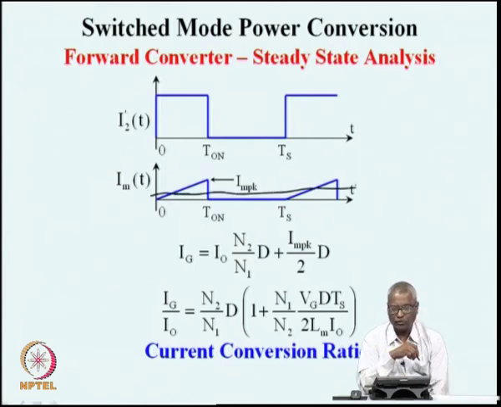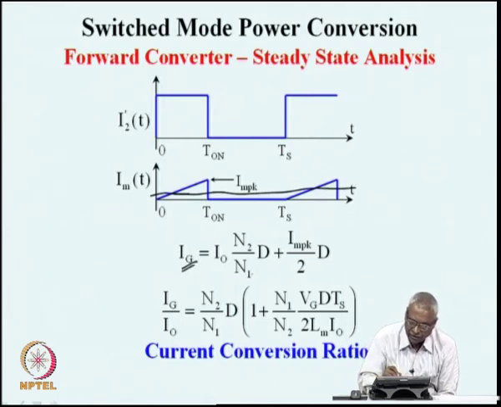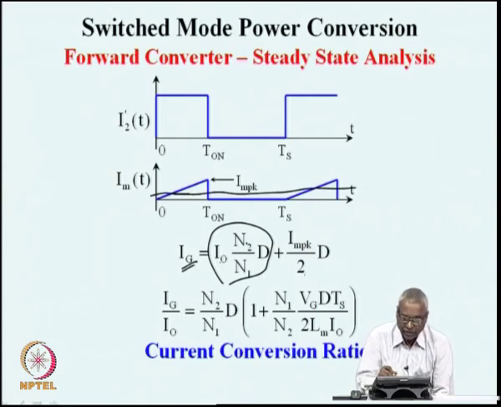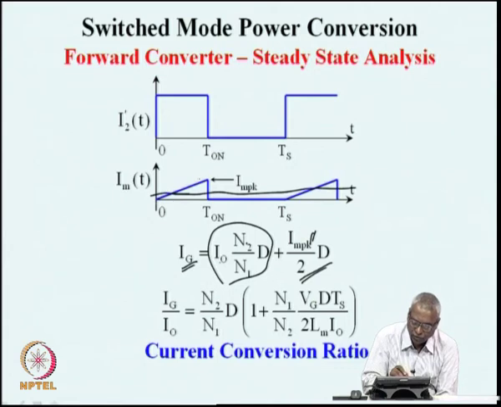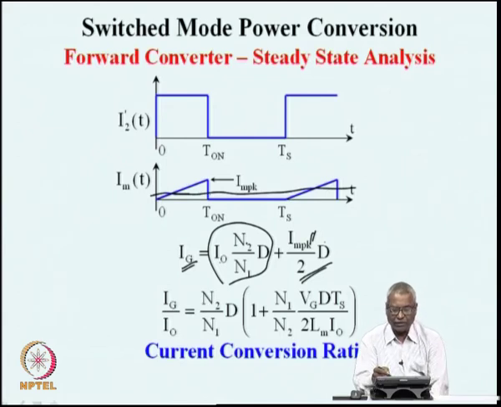In the current conversion ratio, because this is the additional current which is being drawn from the source to magnetize the transformer, the actual input average current is the load current reflected, I naught N2 by N1 into D, and the average contributed by the peak magnetizing current of the transformer. And this is very easy to find. The area of contribution by this is I peak into dTs, which is this duration, divided by 2, because the average value is 1/2 of this current, it is a triangle, 1/2 base times height, and that multiplied by D will be the actual reflected current on Ig.